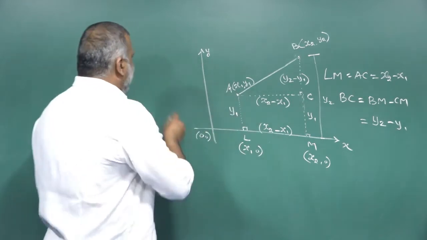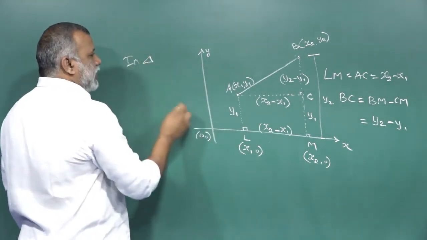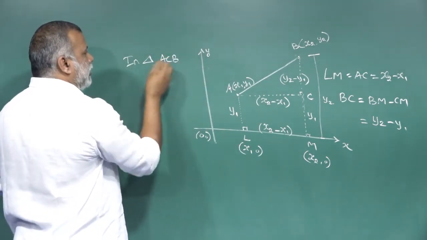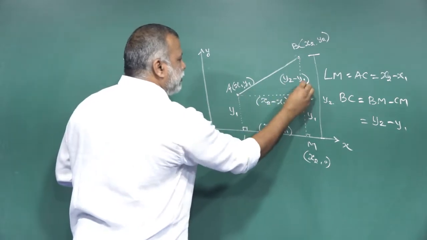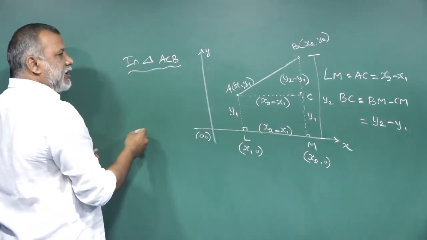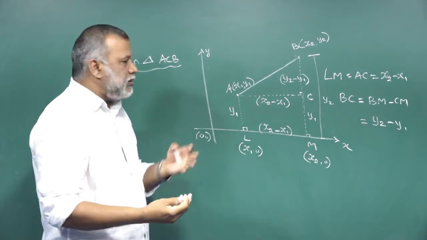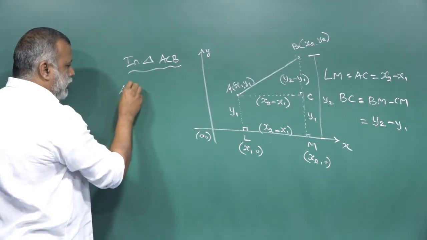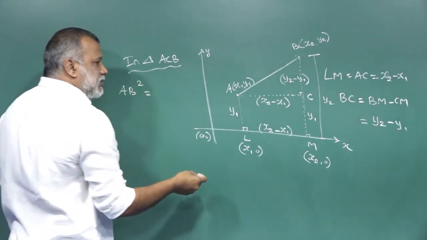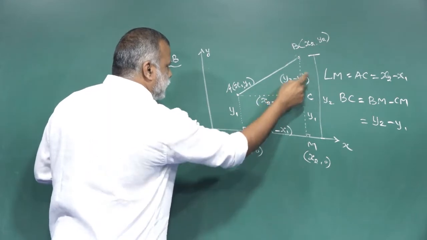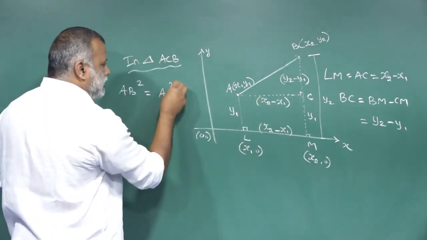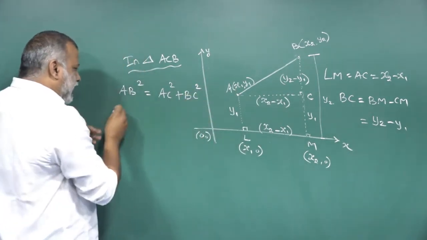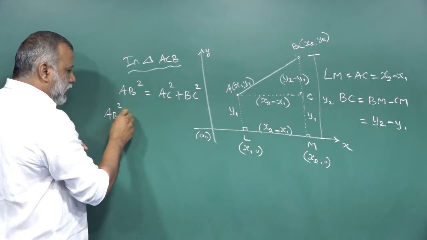See here, in triangle ACB, we have a right angled triangle. Then we can use the Pythagoras theorem. Here AB is the hypotenuse. So hypotenuse squared must be equal to the sum of the squares of the other two sides. Therefore, we can say AB squared is equal to AC squared plus BC squared.